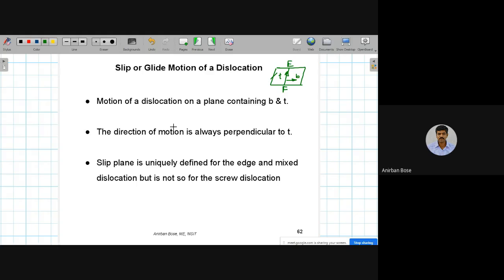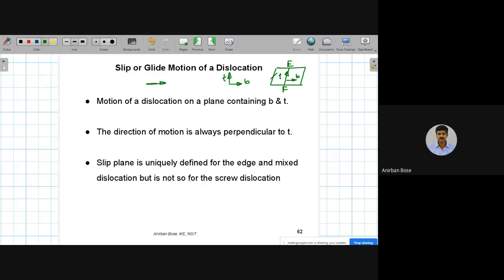If it is the plane containing B and T, then it is clear that in case of edge dislocation, you know that T and B are perpendicular to each other. In case of edge dislocation, either they are 90 degrees or 270 degrees, but they are perpendicular to each other. In case of screw dislocation, if you remember, B and T are along the same line.